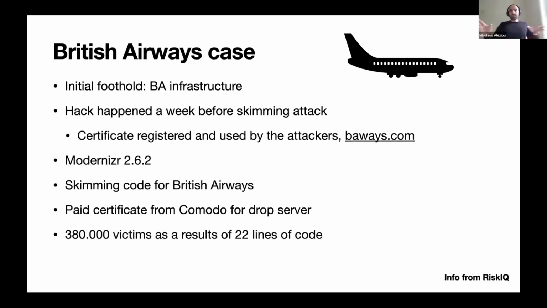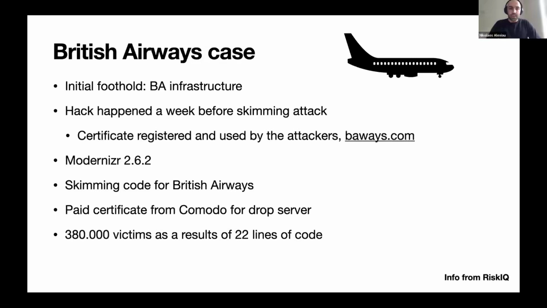Now, parenthesis open, the actual fact that they could acquire a certificate from Comodo and register the baways.com domain for their own use. That looks a lot like British Airways domains, but it is not. Is maybe a topic for a whole other talk, but yeah.